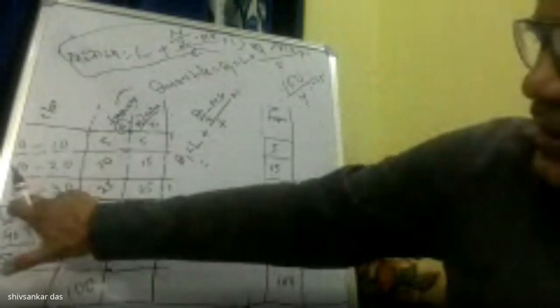So I'll put L. What is L? Which is the Q1 class? 20 is the lower limit.